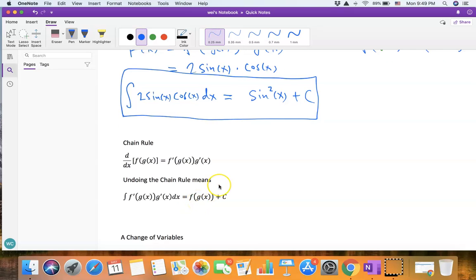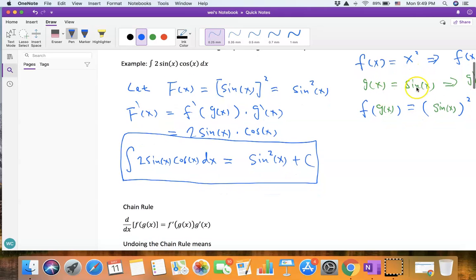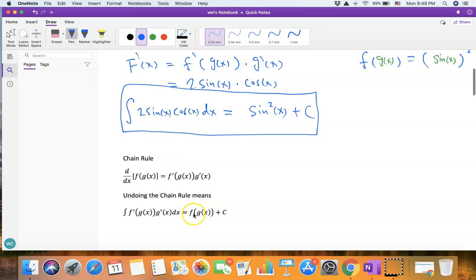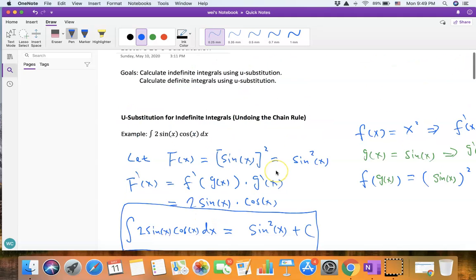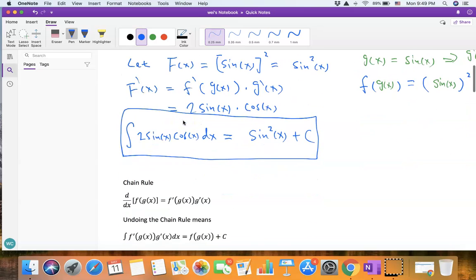Because of course, if I know capital F is x squared and capital G is sine x, the answer will be sine squared x, right? We can do that. But the problem is, how can I know just by looking at this which one is F and which one is G?